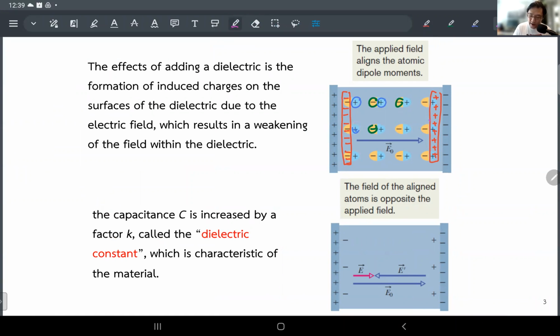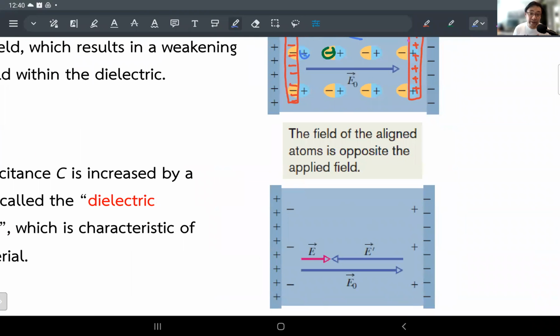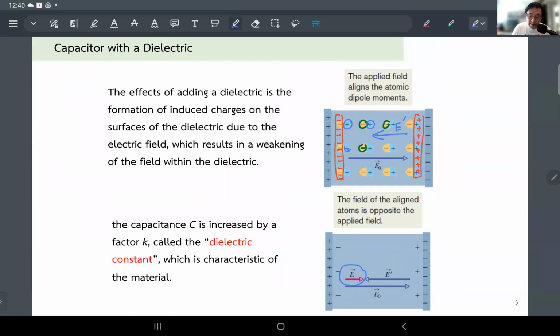But anyway, you generate something like that. So there is an induced electric field. Let me call it E prime. So at the end, the net electric field that's left over from this cancellation is going to be smaller. See? Tiny. So what happens next then?